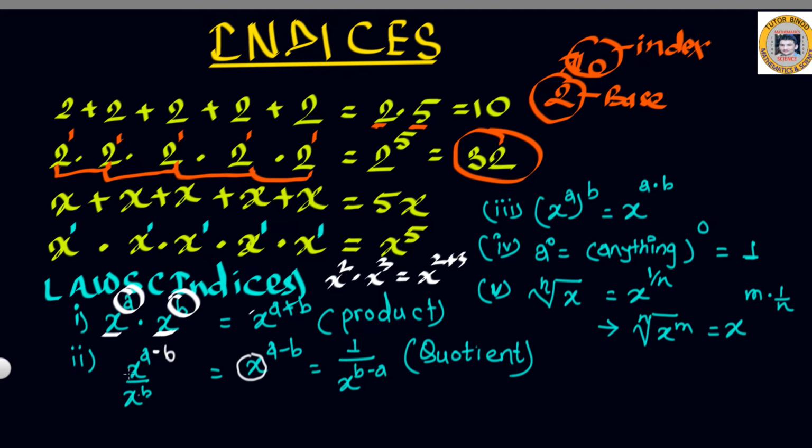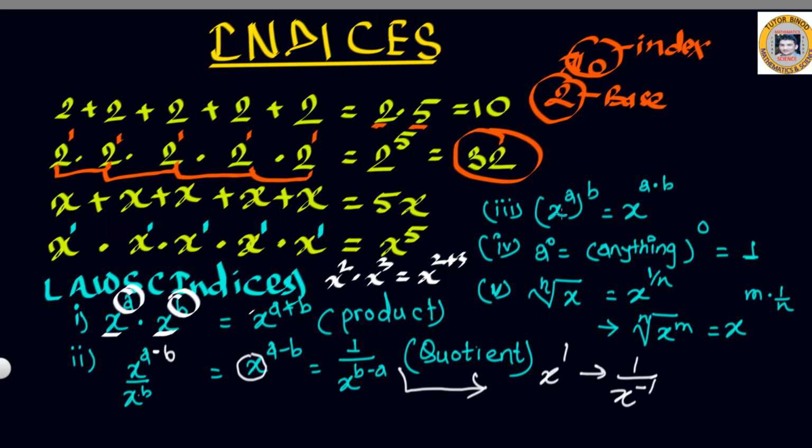Only the indices should be different, but the base must be the same. Or you can also write it as 1 over x to the power b minus a. If we write x to the power 1, we can also write it as 1 over x to the power minus 1. So these are equivalent.